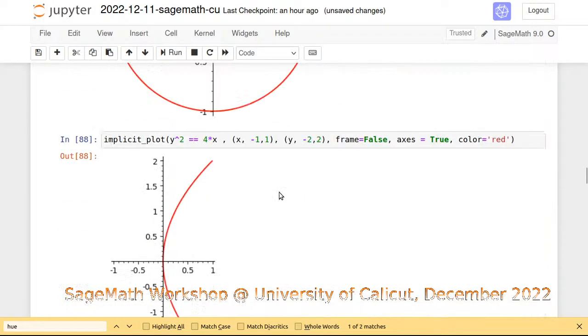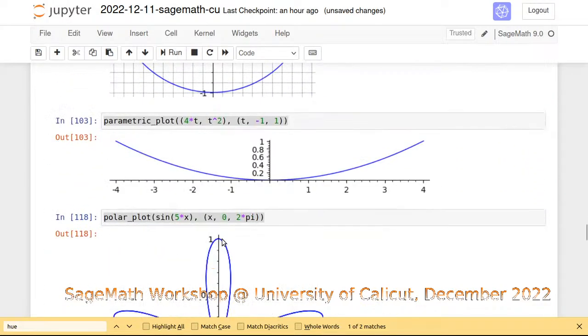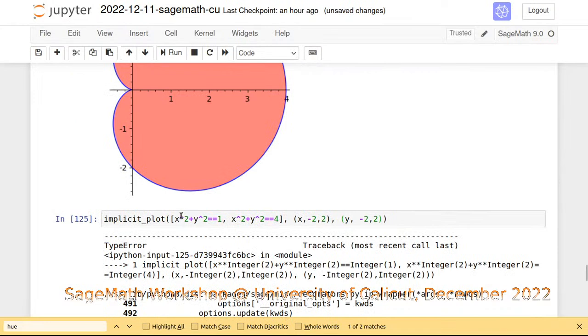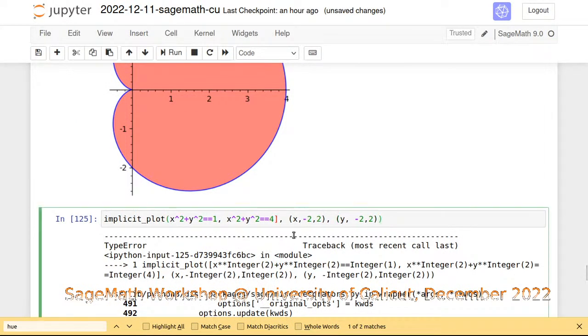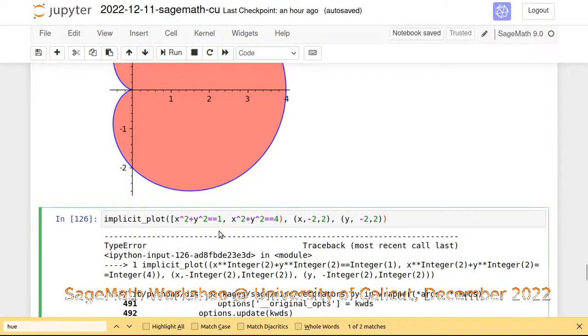Okay, let me just check the implicit plot. Sorry. I think parametric plot, because you have used square bracket here. Did I use the tuple? No, not even that. Implicit plot. Let me just see. Okay, this I am doing correctly only. What's the mistake?